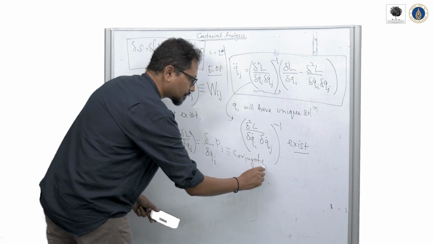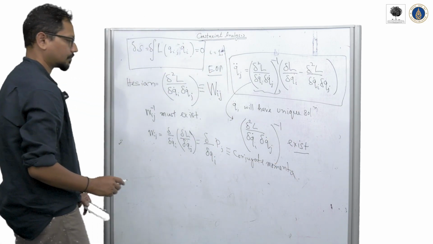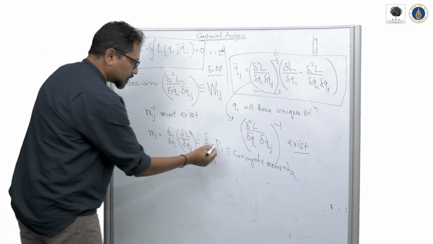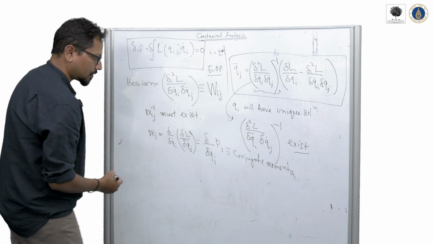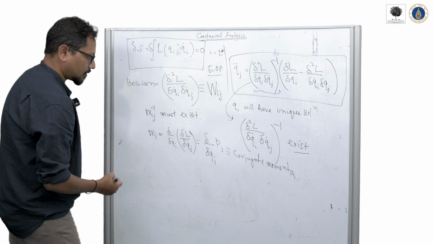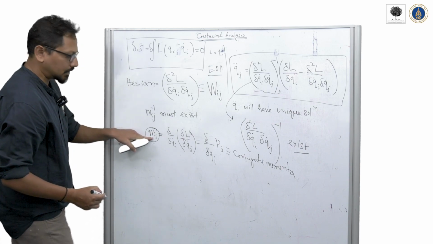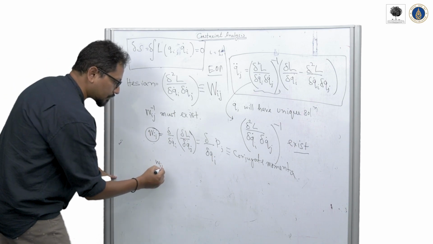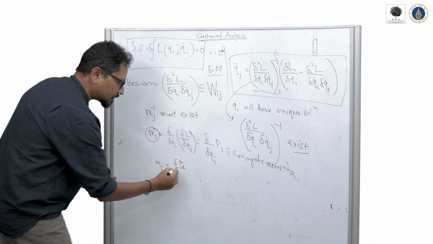We want the inverse of Wij to exist, but Wij, as I said, is del Pj by del Qi dot.